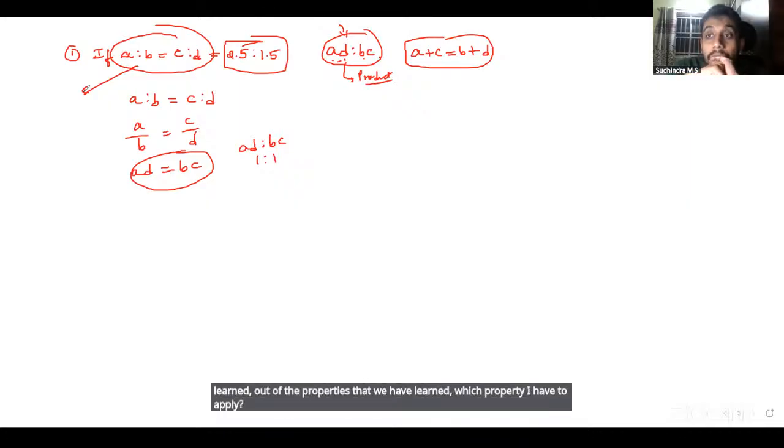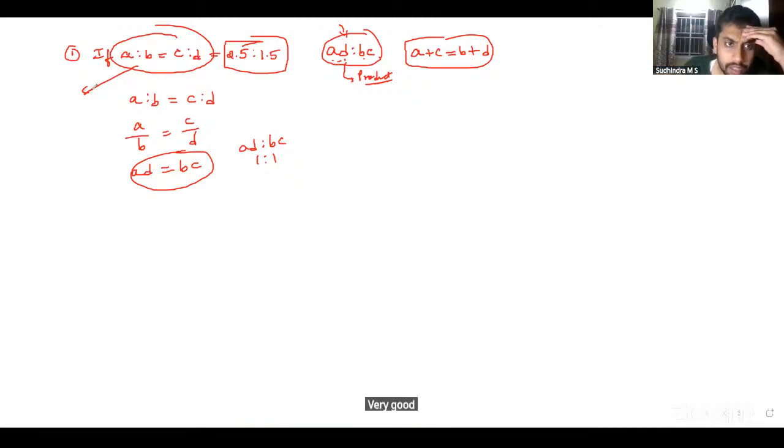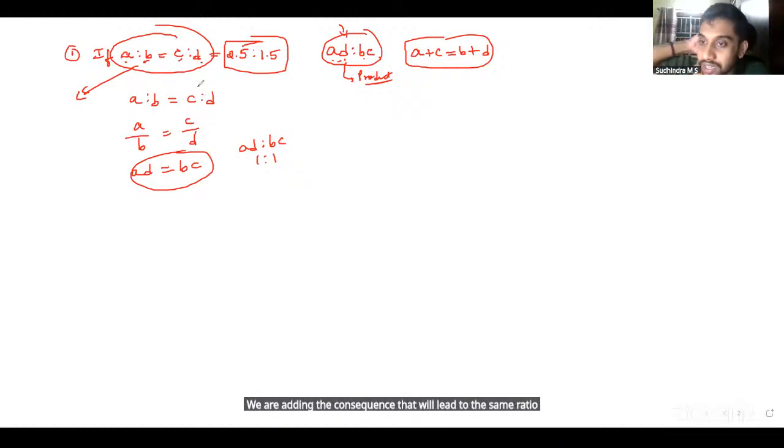Addendo. Very good, excellent, Faiza, Sahana. Addendo, right? A plus C, B plus D. We are adding the antecedents and adding the consequents, which will lead to the same ratio, same proportion.